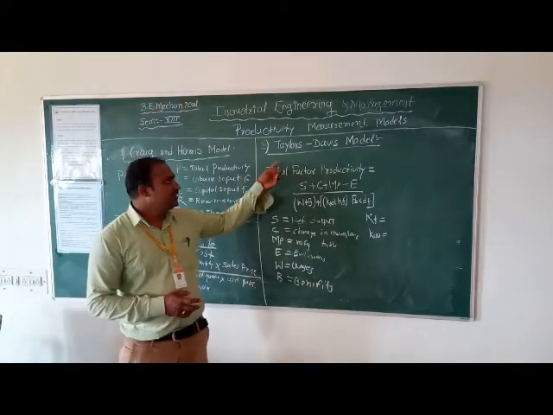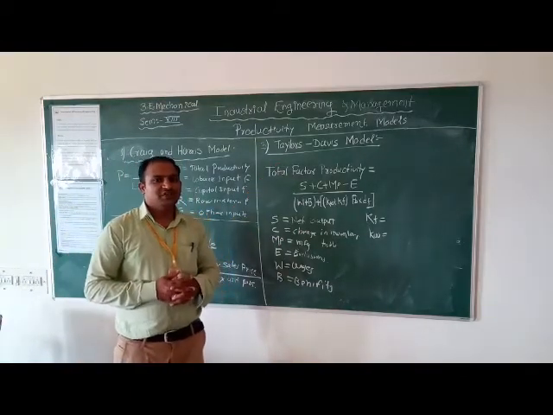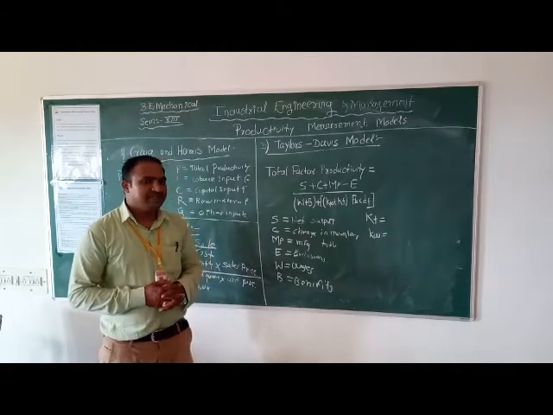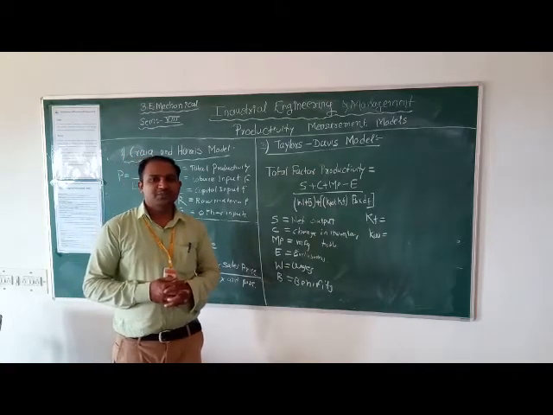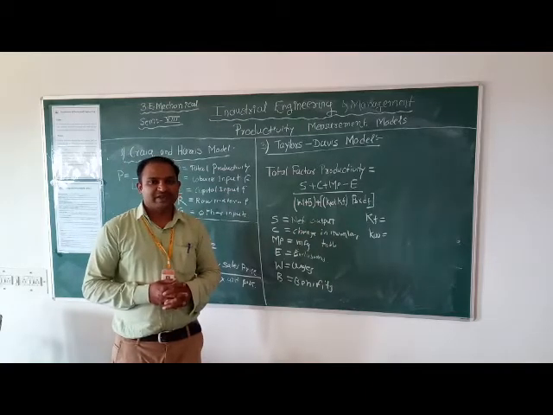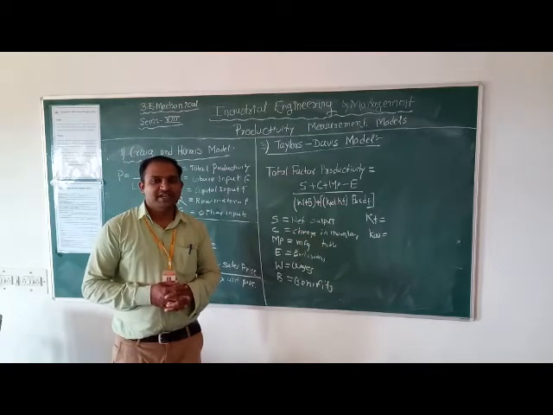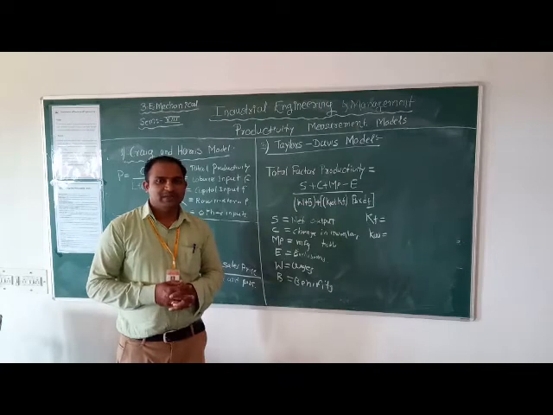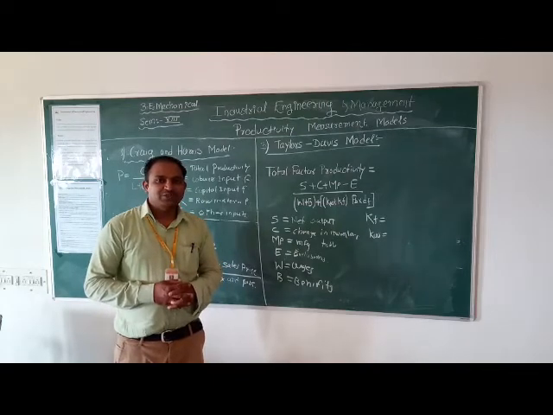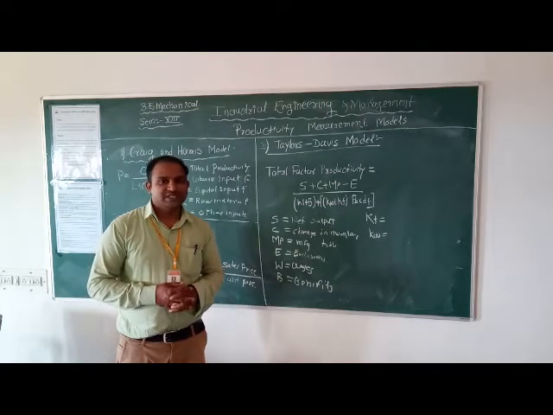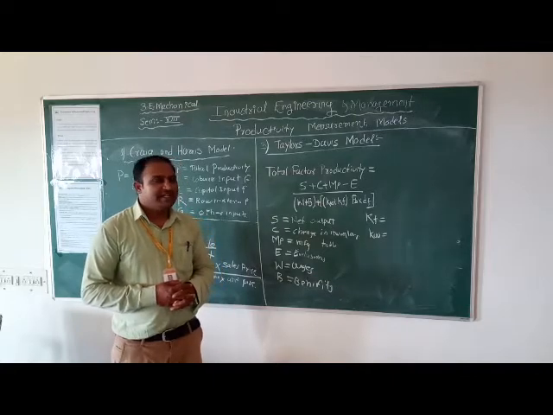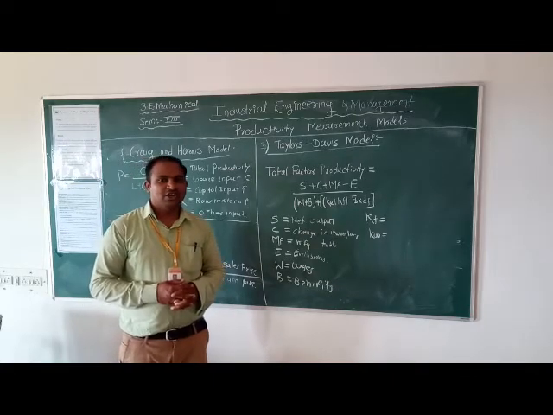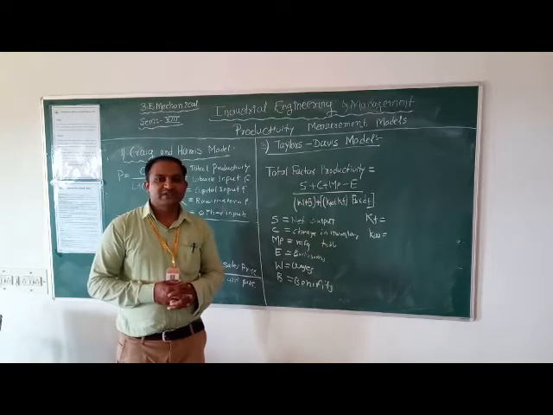Then the third model is known as the Taylor and Davis model. The Taylor and Davis model is the opposite of the Craig and Harris model. In the Craig and Harris model, which is a service model, all the inputs are converted into services. In Taylor and Davis model, all the inputs are not converted into services.